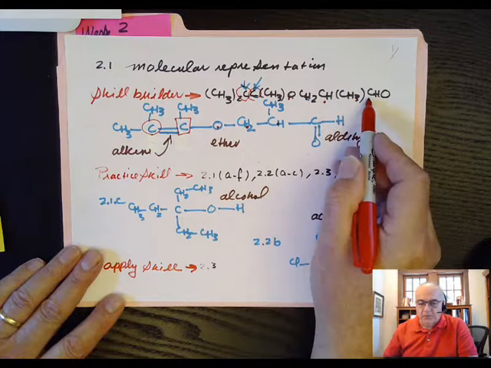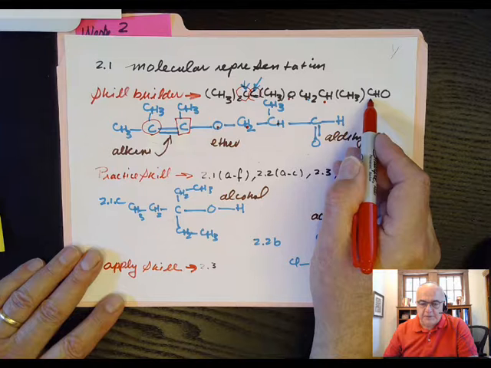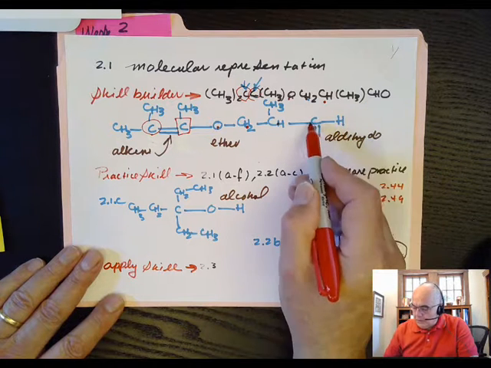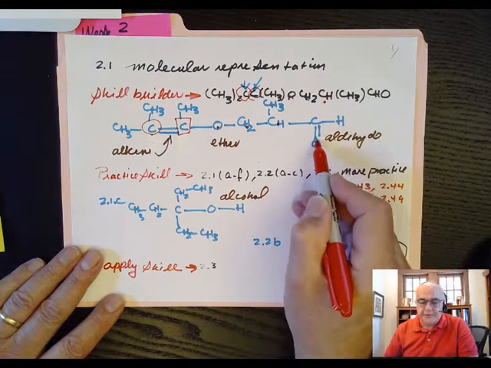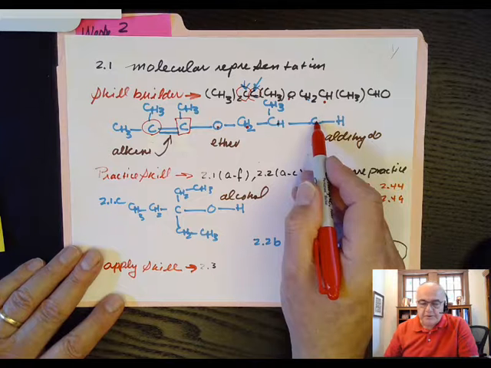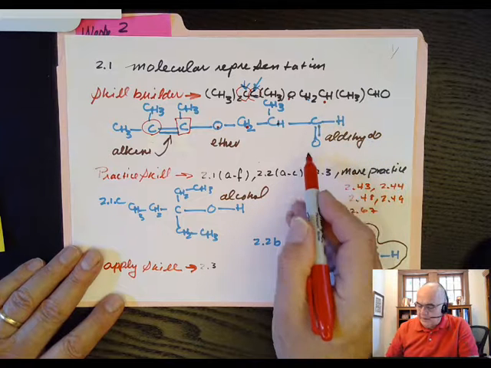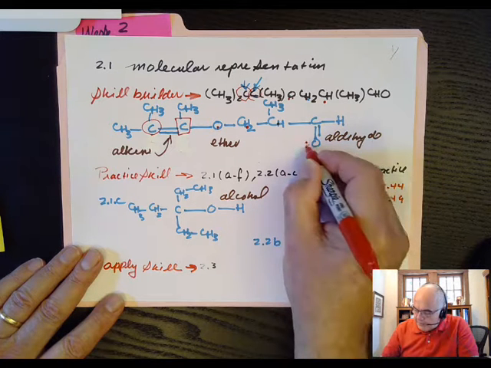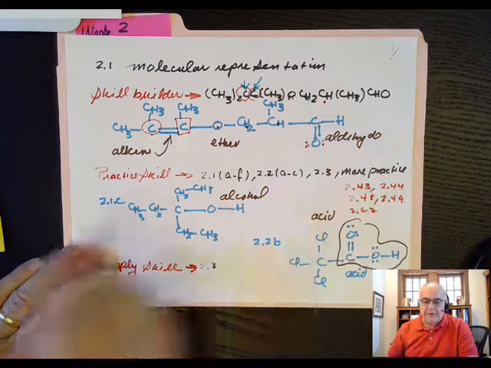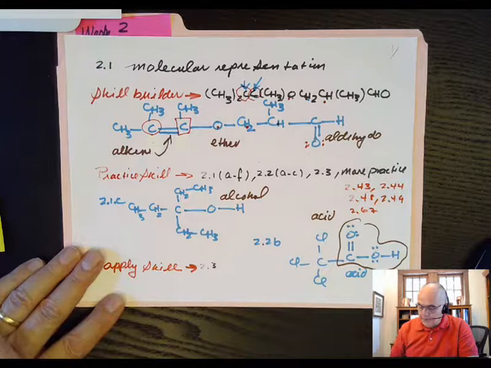Now, what is CHO? We know that H has only one bond, so this O has to be double bonded to the carbon. Now the carbon has four bonds, oxygen has two bonds, and everybody's happy with the octet.